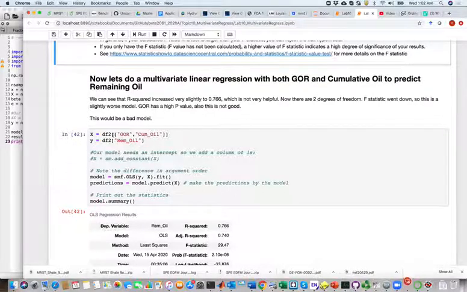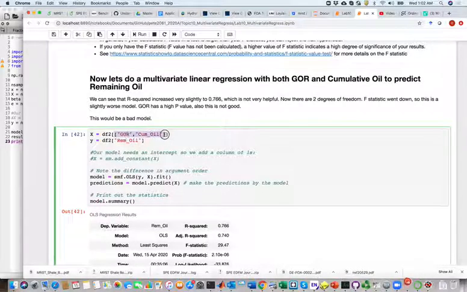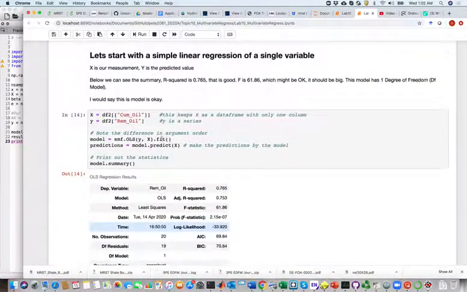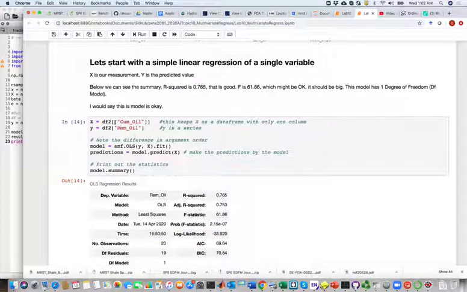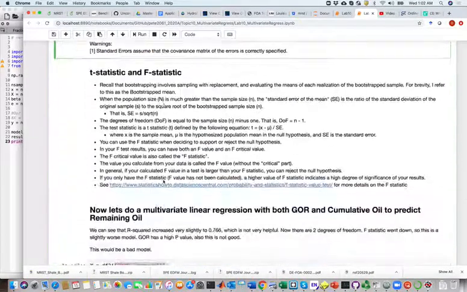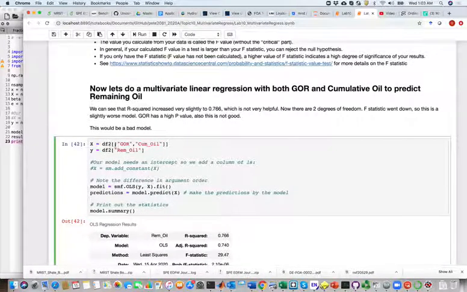It just means you're going to be using more than one explanatory value. As a reminder, this is what we did the last time. We only used QMOL as our X, so one column, and your Y is also one column. Now, X is two columns.